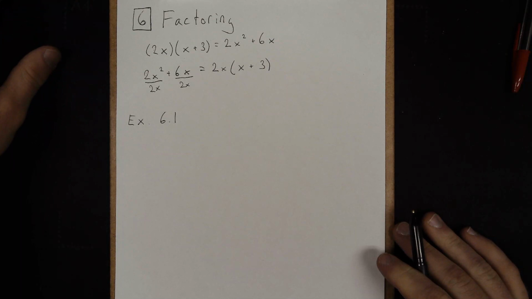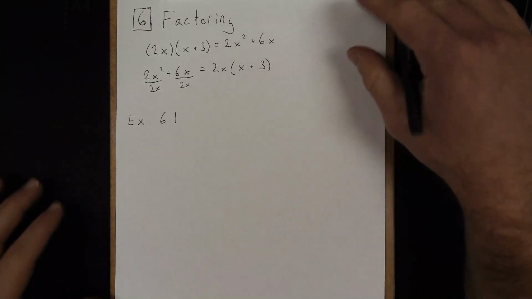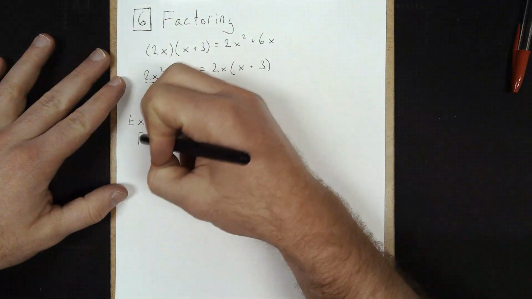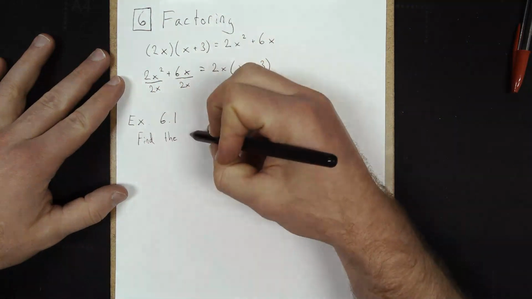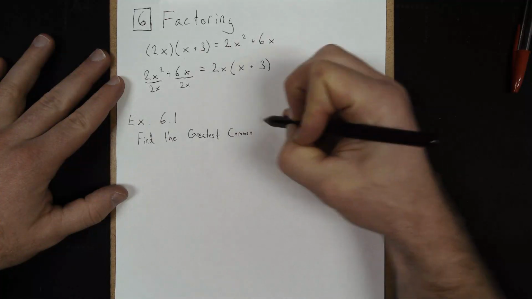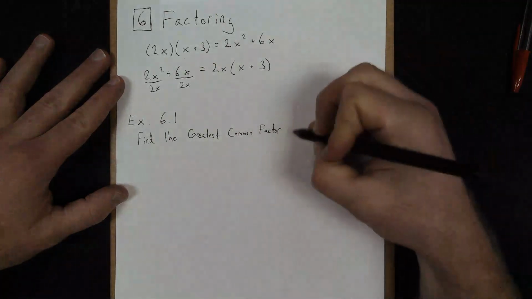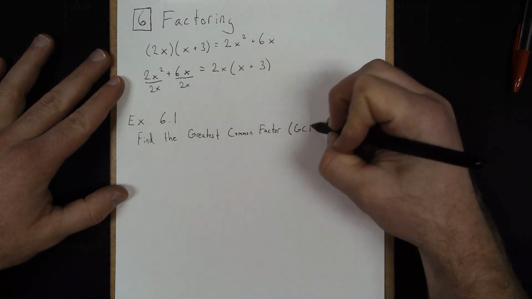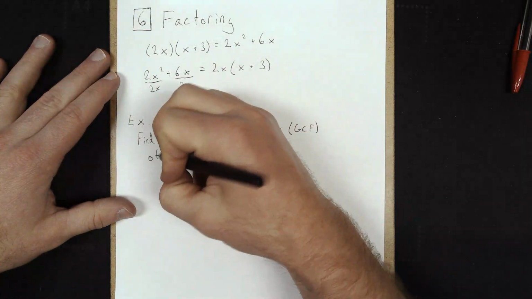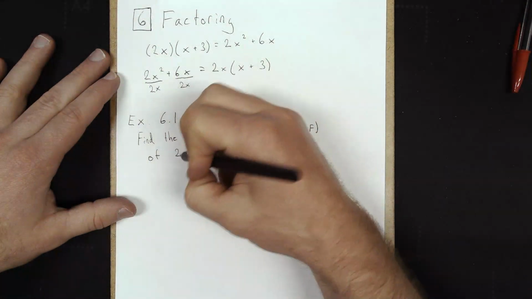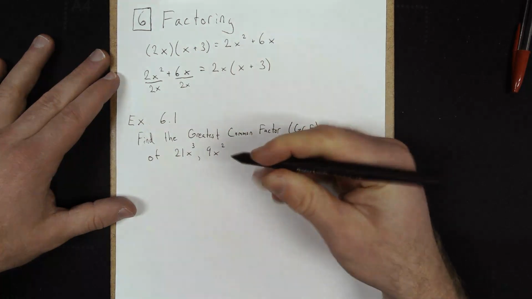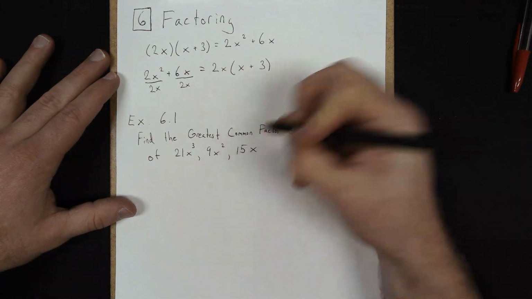In example 6.1, we are finding the greatest common factor, also called the GCF, of 21x to the third, 9x squared, 15x.